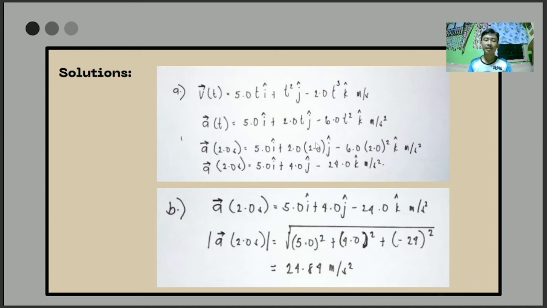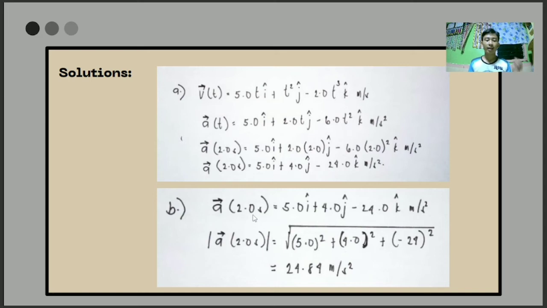We substitute 2 for t since t is given as 2 seconds. Upon evaluating, we get 5 i hat plus 4 j hat minus 24 k hat meters per second squared. So this is our acceleration vector at time t equals 2 seconds.